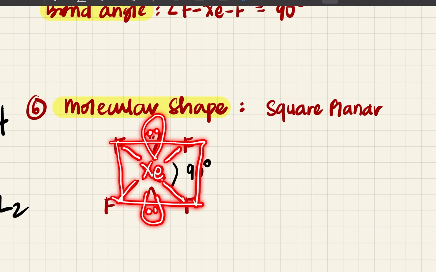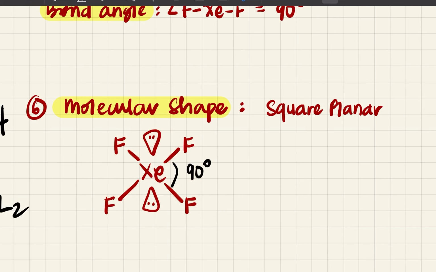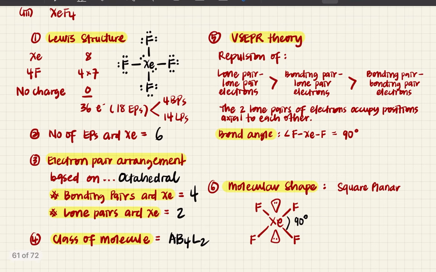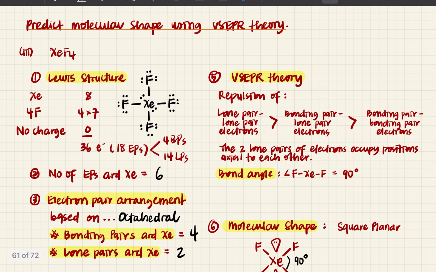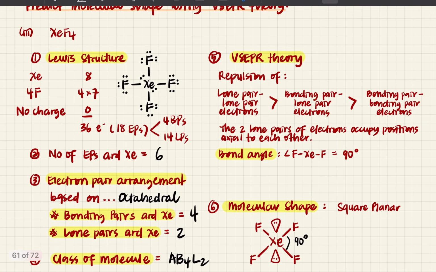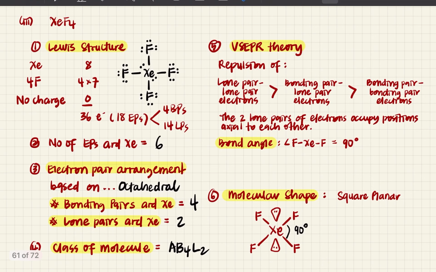The fluorines are sitting at the vertices right here. Make sure to show the bond angle, which is 90 degree for your square planar shape. So that is for XeF4. I think you can do your question number 2 in the 4.2 tutorial, and we will discuss it soon. Thank you.